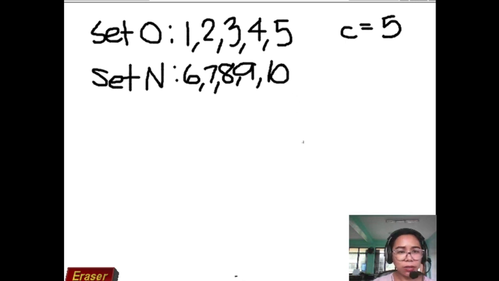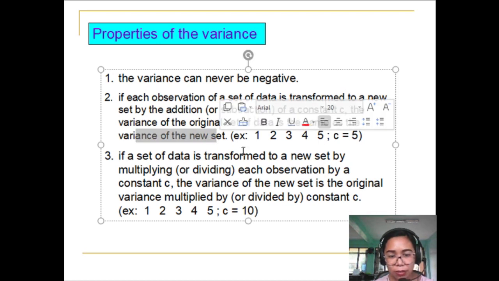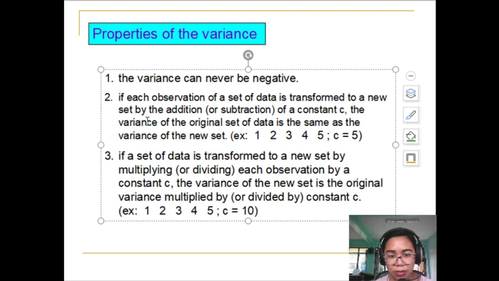Okay, so according to the property of the variance, if you add or subtract a constant value, the variance remains the same as the variance of the original set. Again, the variance of the new set remains the same as the variance of the original set.